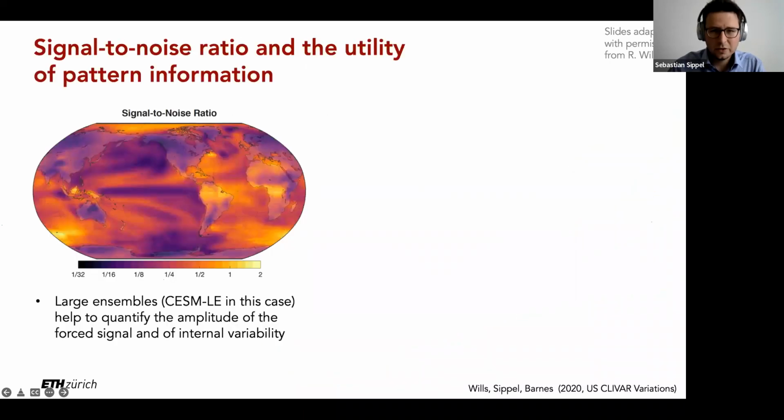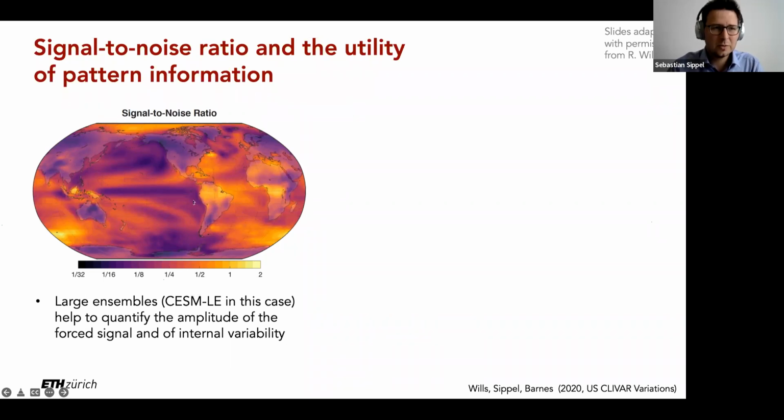Okay, I want to give one illustration for that. Klaus Hasselmann already warned us not to use grid cell statistics, but that is still very widely done. We had a short opinion article where we looked at the signal to noise ratio in this CSM model, the community system model.